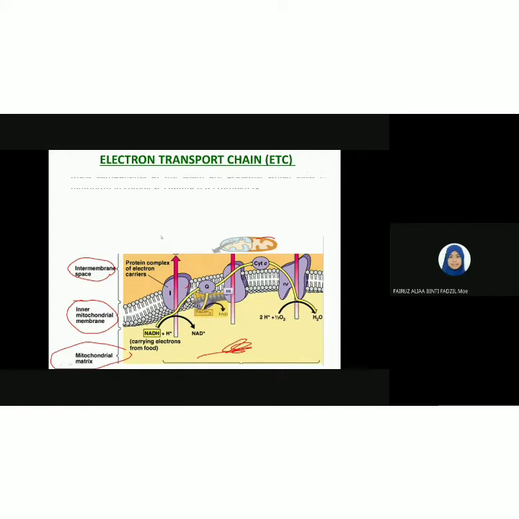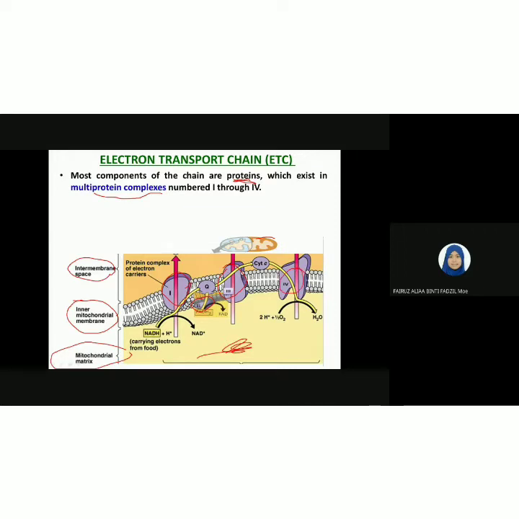Okay. So most components of the chain are proteins, which exist in multi-protein complexes numbered 1 through 4. You see this one is protein complex 1, this is protein complex 2, this one is protein complex 3, and this one is protein complex 4.